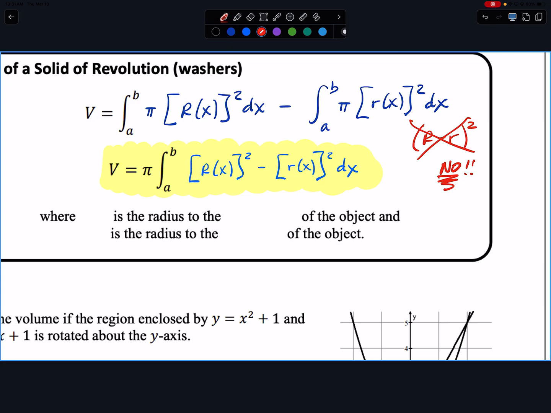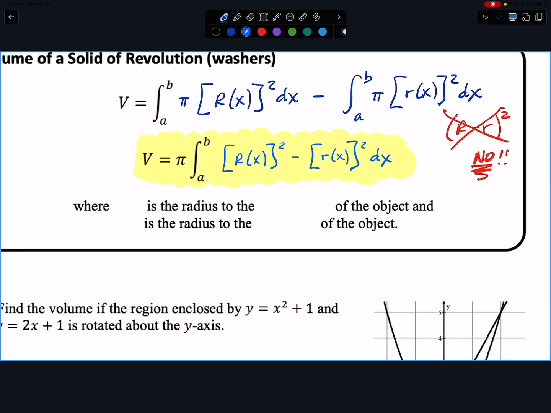Where capital R of x is the radius to the outside of the object, and little r of x is the radius to the inside of the object.